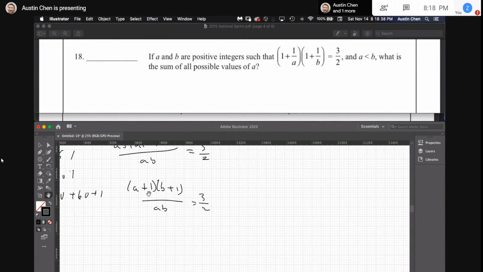You could say A plus 1 or B plus 1 has to be 0 mod 3, because one of them has to be divisible by 3 for there to be a 3 on top, and likewise for A and B. We can say A or B has to be 0 mod 2, right? One of them has to be divisible by 2 so that there can be a 2 on the bottom here.